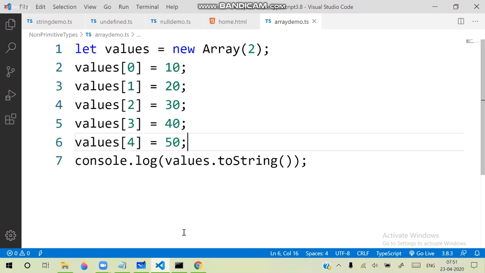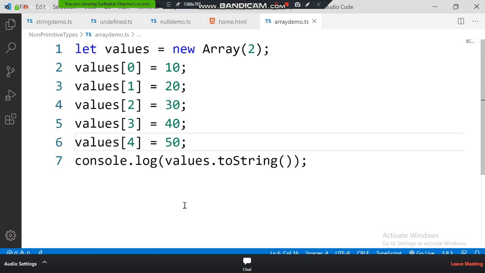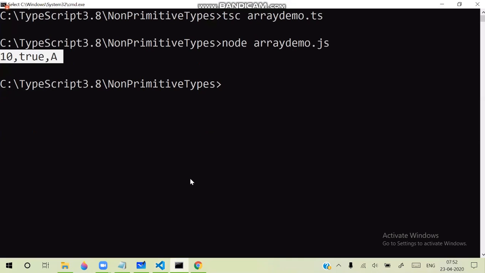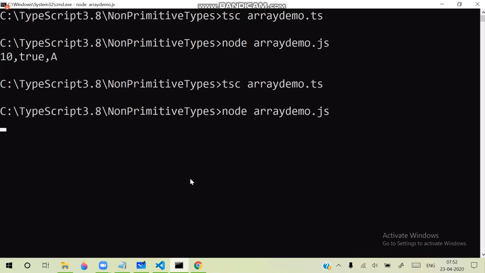Generally, in a few technologies, it throws an error saying that it is out of range, because in those technologies array size cannot be changed dynamically. But here you can see when I compile and run this, it is not a problem.